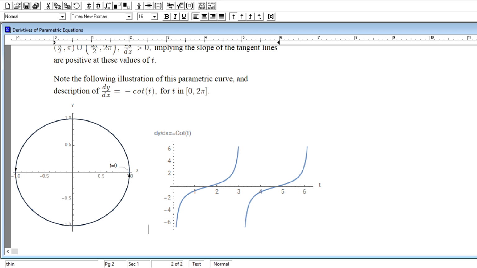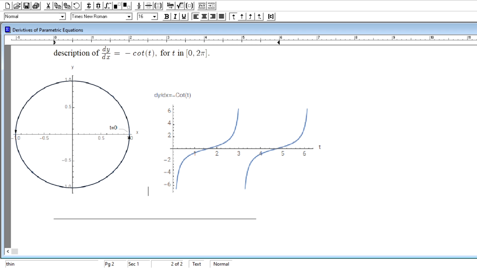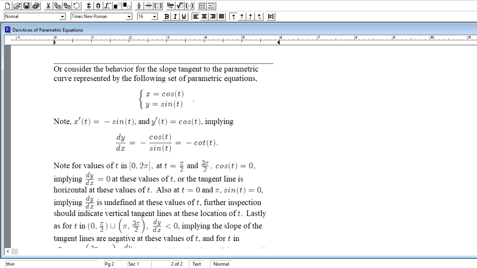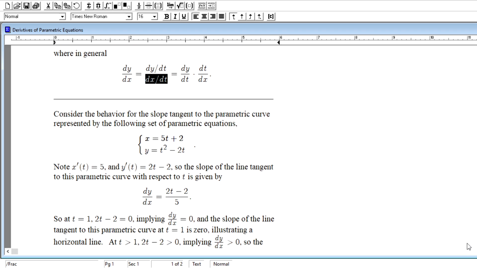So, folks, for parametric curves, we can form descriptions of the slope of the line tangent to those curves. Those are still going to be described by the values of dy dx. However, in terms of their calculation, we are going to form the derivative of y with respect to t over the derivative of x with respect to t, and develop these descriptions of dy dx in terms of t.